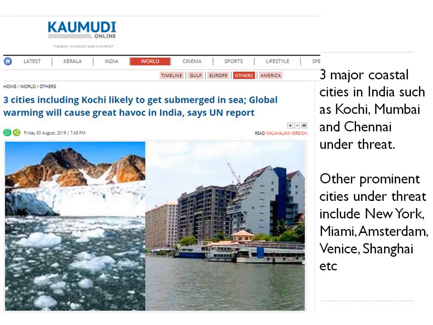And other prominent cities under threat include New York, Miami, Amsterdam, Venice, Shanghai, etc. So because of increase in carbon dioxide resulting in increase in temperatures, which will ultimately melt our polar ice or polar glaciers, leading to a rise in sea level, and many coastal cities are under threat.